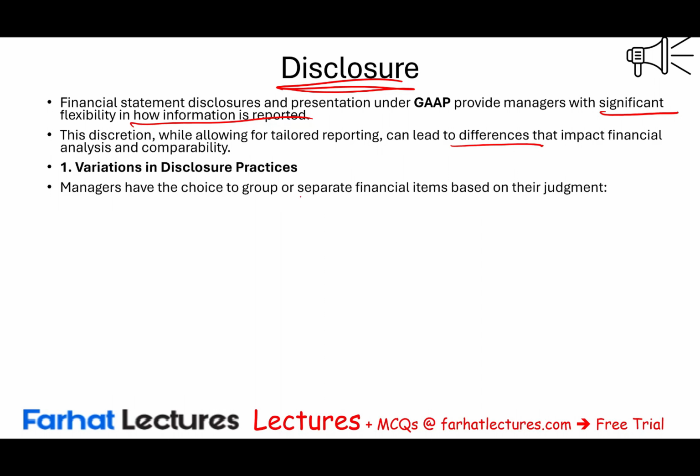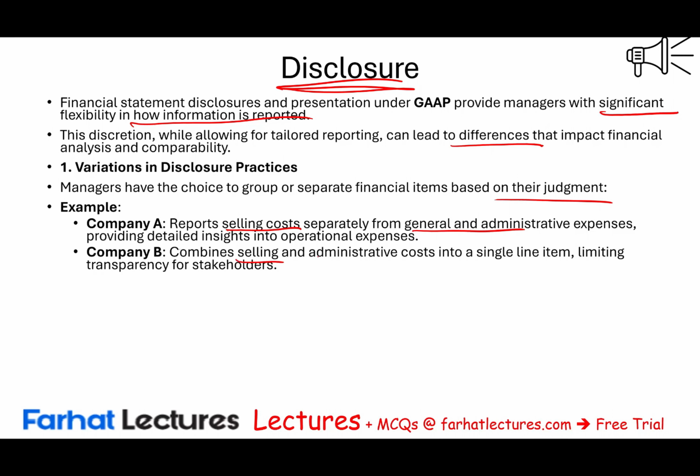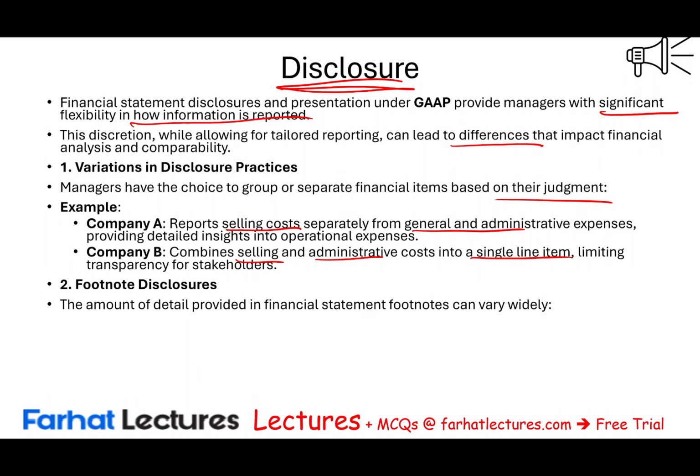Managers have the choice to group or separate financial items based on their judgment. For example, company A reports selling costs separately from general and administrative, providing detailed insight into operational expense. Company B combines selling and administrative cost into a single line, limiting transparency for stockholders because they have this option on how to present things. Footnote disclosure, how much footnote disclosure you want to provide.